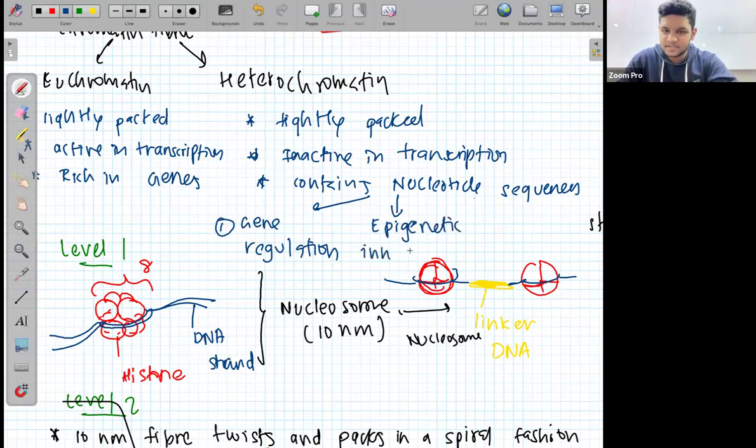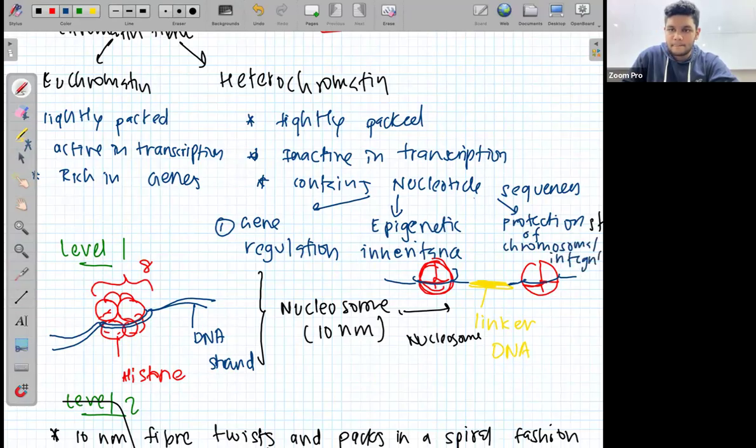Examiners won't ask what gene regulation or epigenetic inheritance is; they would ask what the functions are, so you can just mention the functions generally. And the last one, protection of chromosomal integrity.